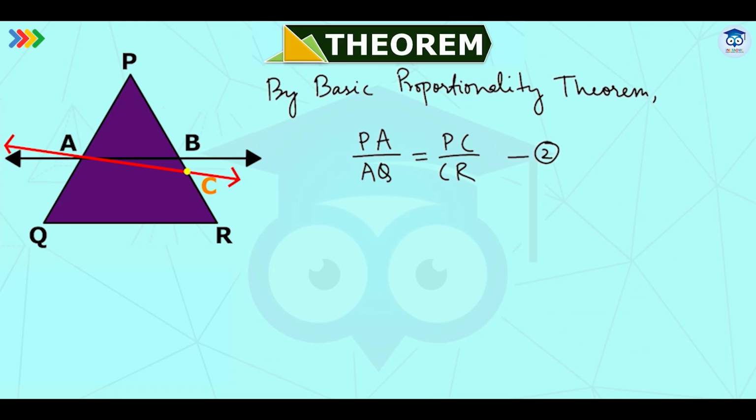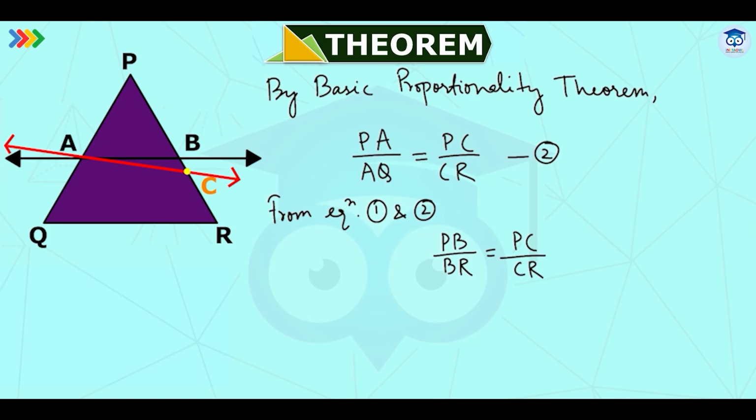Looking at these two equations, we know that both the left hand sides are equal. So from equations 1 and 2, since the left hand sides are equal, the right hand sides have to be equal. So we have PB upon BR is equal to PC upon CR.